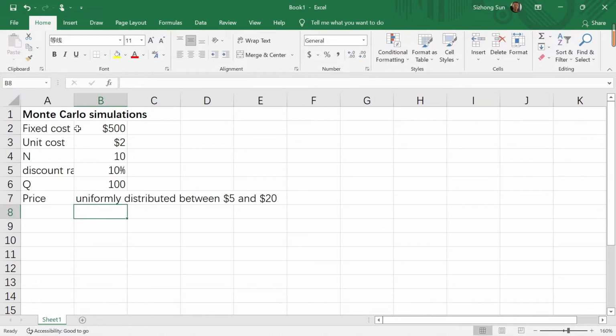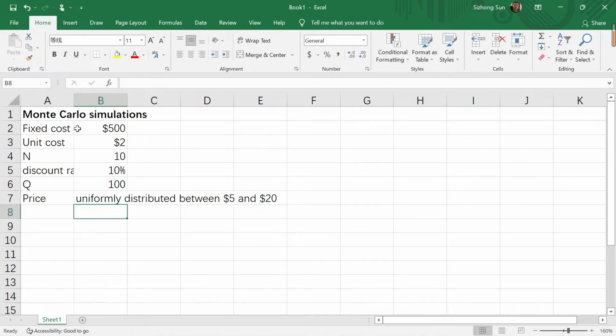All right, and so we want to use Monte Carlo simulations to account for these risks. What we're going to do is draw from this uniform distribution between 5 and 20, say 1,000 times, compute the associated NPV, and then find the expected NPV and the standard deviation, which measures the risk associated with this project.